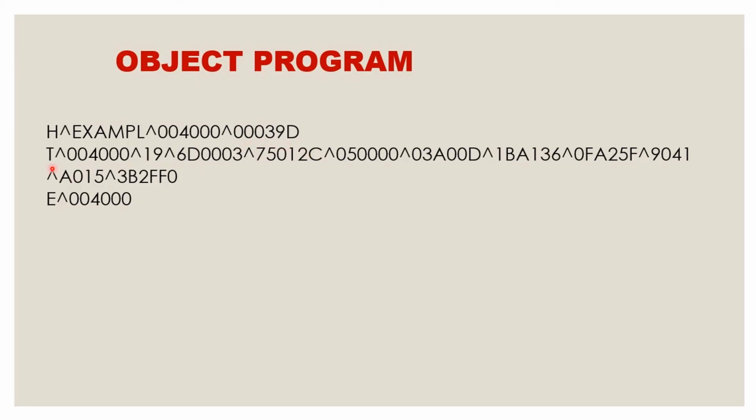And coming to the text record, column 1 is represented by T, and 2 to 7 is the starting address of the object code in this record, that is 004000, and we'll calculate this later.